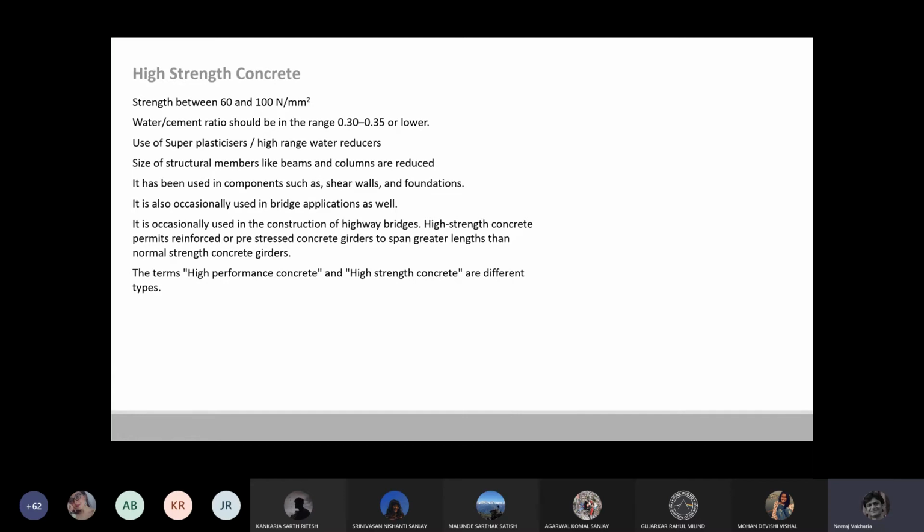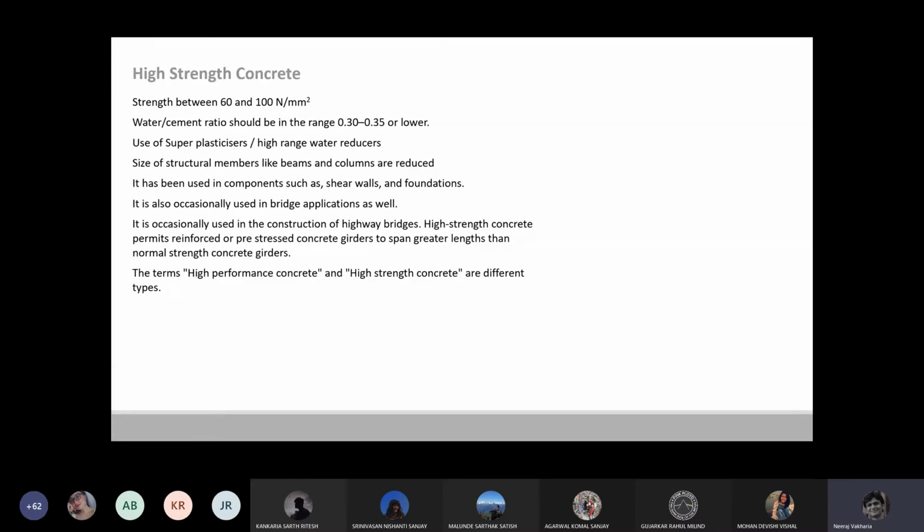To achieve this, we generally also control the water cement ratio, which should be in the range of 0.3 to 0.34 or even lower. Since the water is reduced, the strength of concrete can be achieved faster. But again, the environment where we are going to use it should also be considered, to see how it is going to affect it.